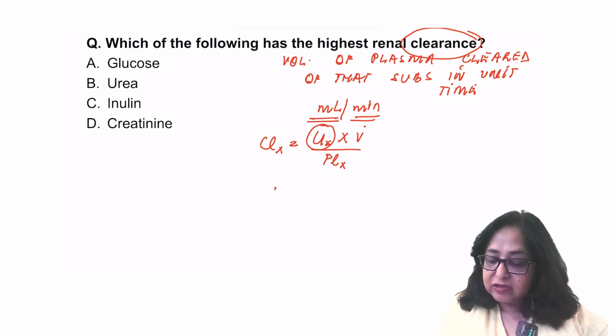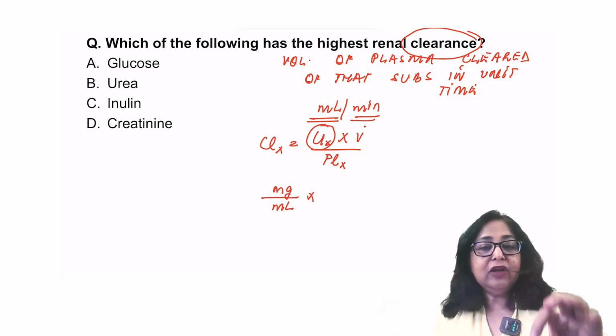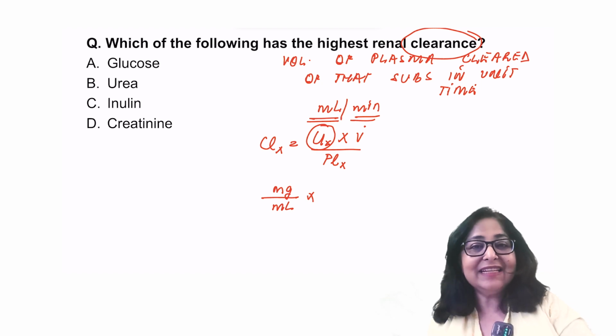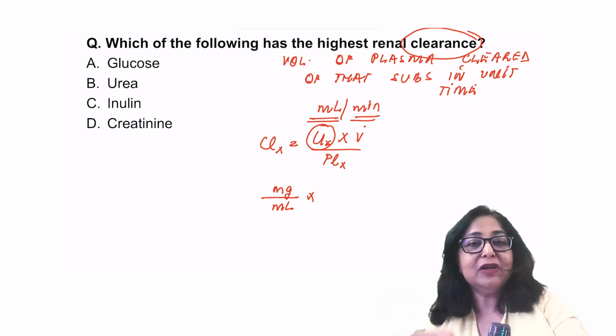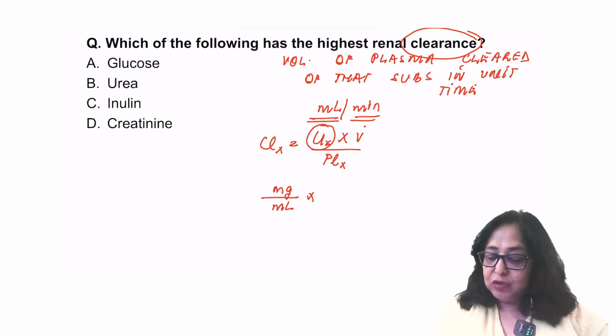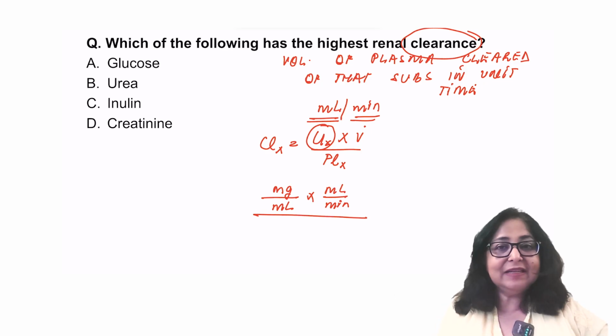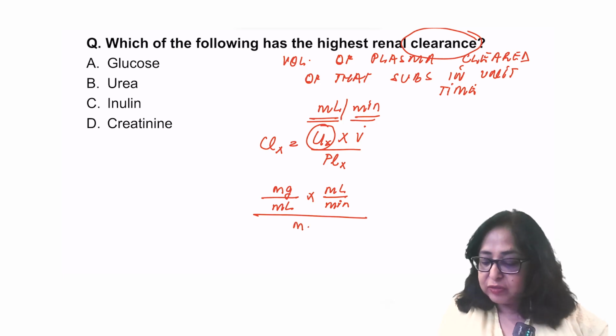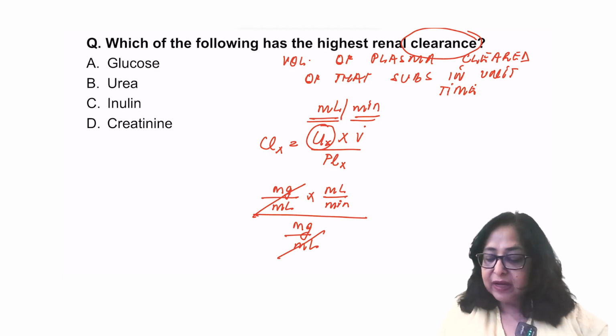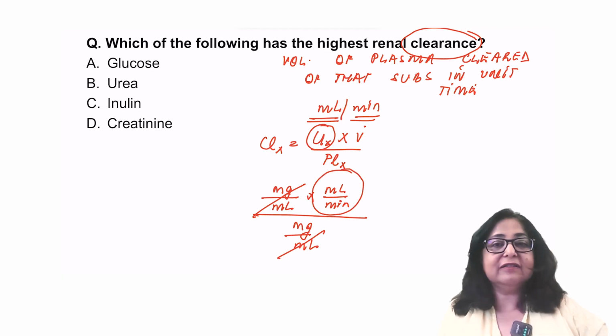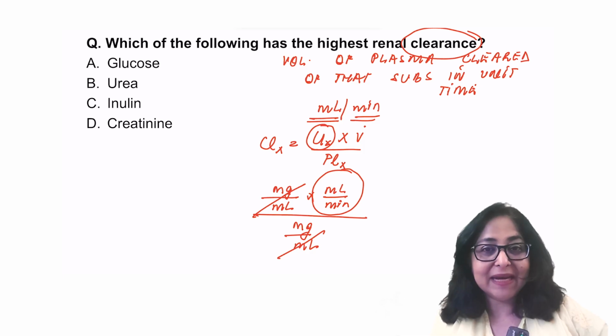So, urinary concentration is milligram per ml into urine flow rate. Rate is always per unit time. So urine flow rate will be ml per minute divided by the plasma concentration, which is milligram per ml. Both of these will cancel each other out. And finally, the unit for clearance will be ml per minute.